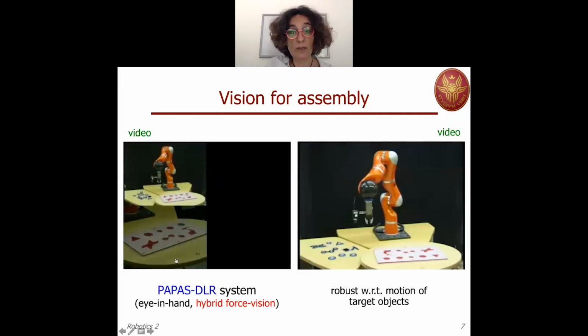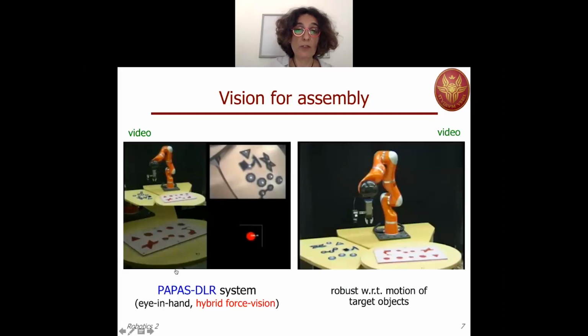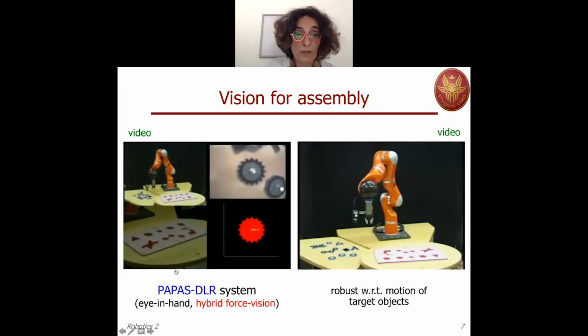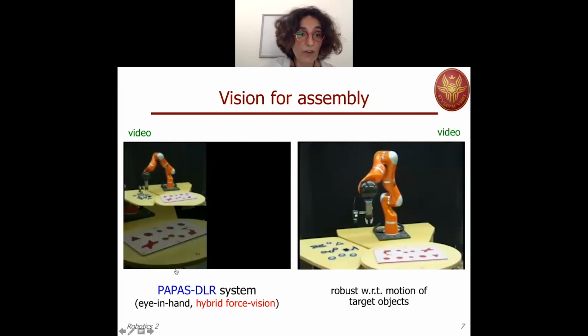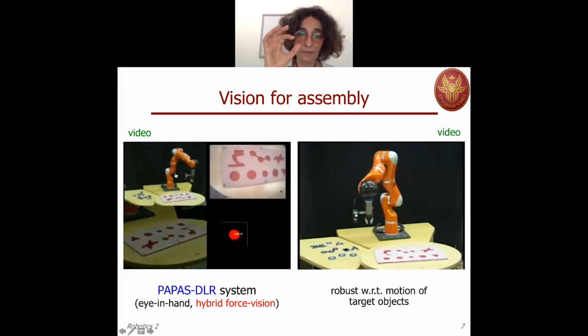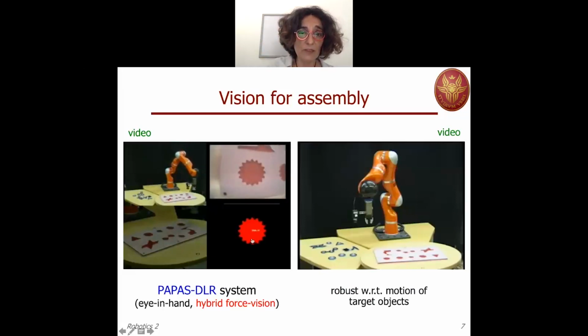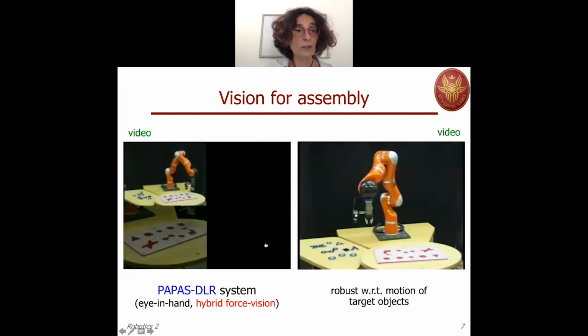Here we see two examples of application of visual servoing for assembly. Here we have an eye-in-hand configuration. There is a camera mounted on the end effector of the manipulator. The camera finds out the correct place for this part.